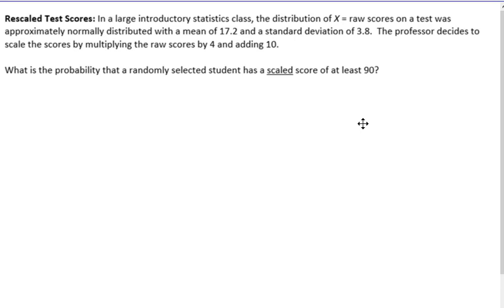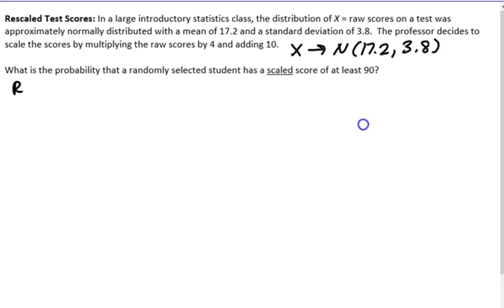So right now we have the raw scores, so the distribution of x, why don't we just say for x, we have a normal model with a mean of 17.2 and a standard deviation of 3.8. But we want to rescale the scores. So these are the raw scores.